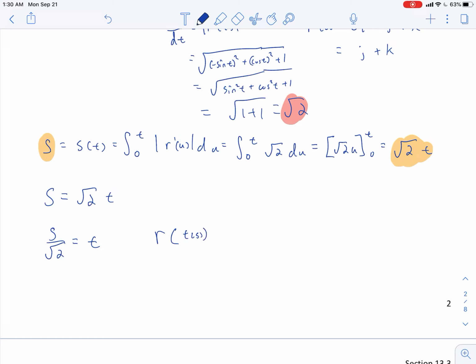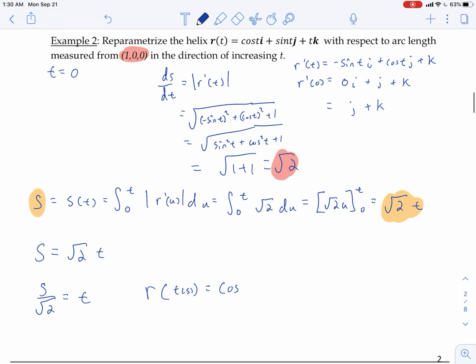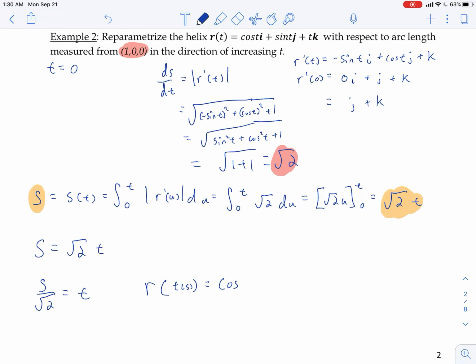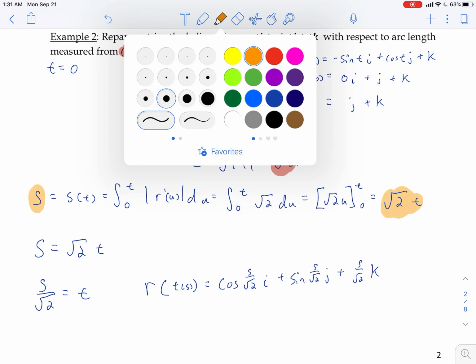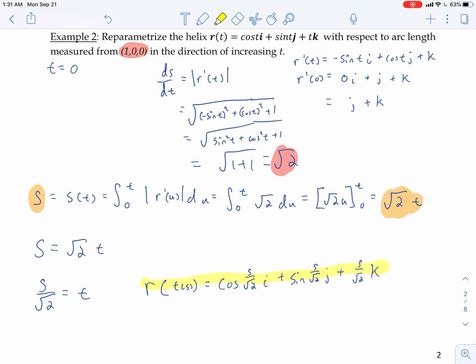Instead of saying r of t, we're going to say r of t of s, which is just going to be cosine of s over square root of 2 i plus sine of s over square root of 2 j plus s over square root of 2 k. And now we've written our vector function in terms of our arc length.